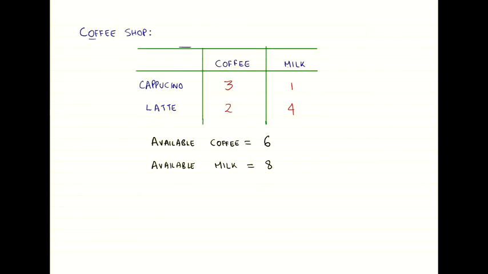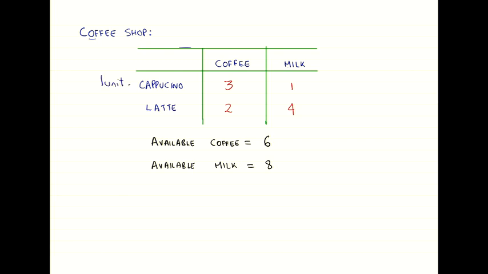This is a really simple example, just a 2-dimensional one so that I can draw pictures. So you own a coffee shop, and you can make 2 kinds of drinks, a cappuccino or a latte.